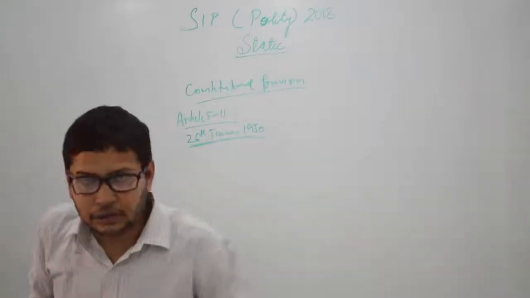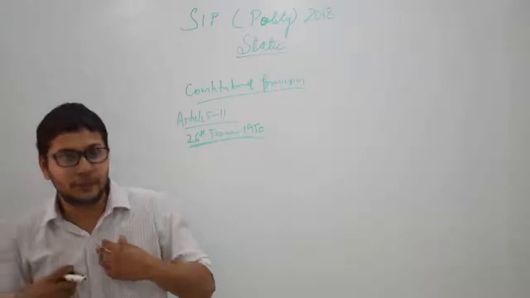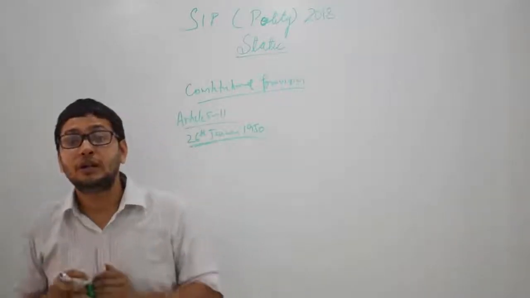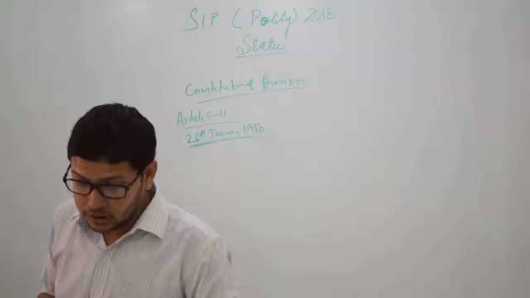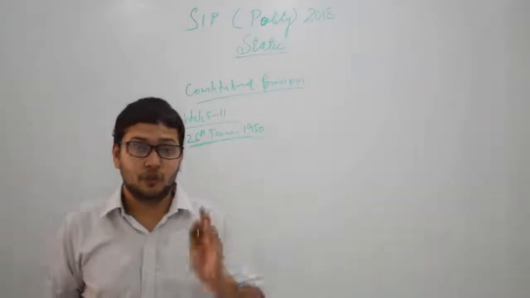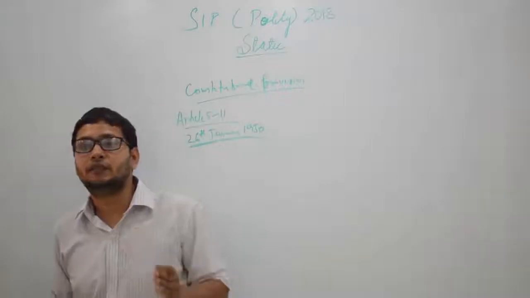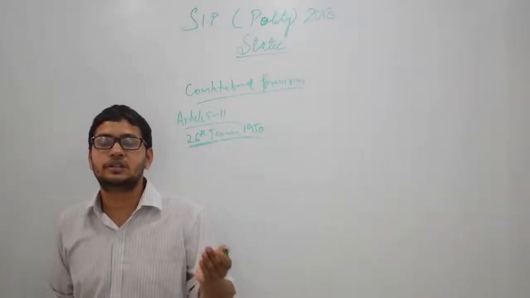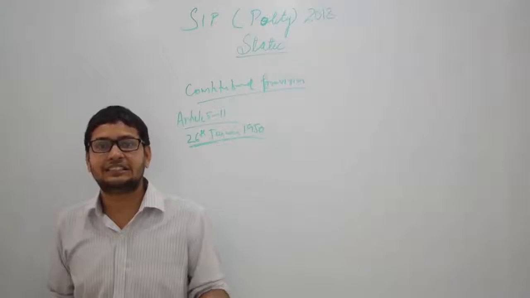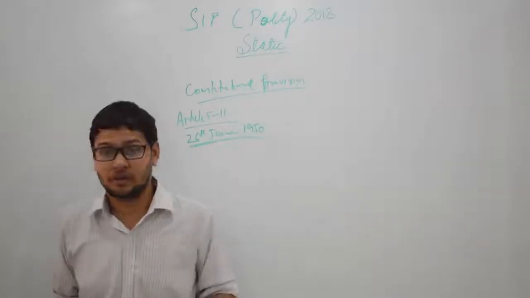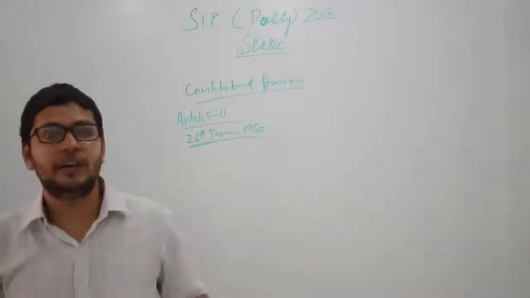It does not deal with how you will become an Indian citizen or how you will lose Indian citizenship. Nothing is there in the constitution. If a question comes, "the constitution mentions the following ways in which you can gain India's citizenship," this is wrong. The constitution does not provide any information on that.